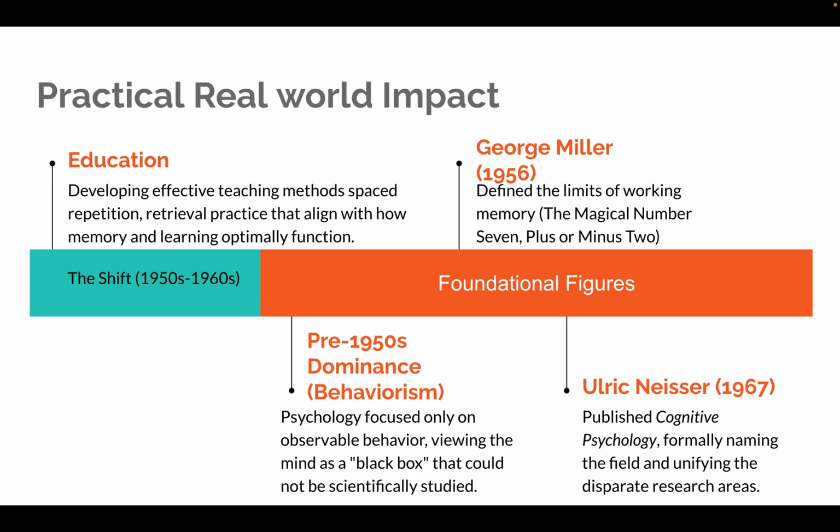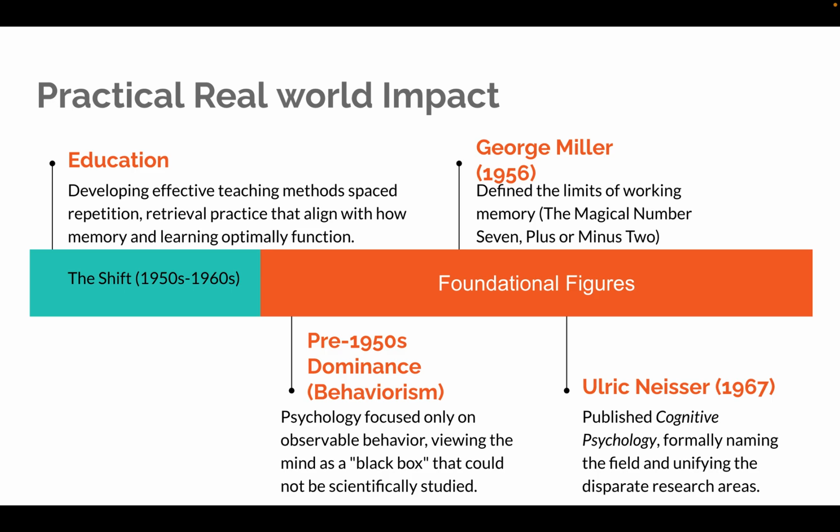Going back to the 1950s dominance, behaviorism. Back then, psychology focused only on the observable behavior, viewing the mind as a black box that could not be scientifically studied. I have a picture in the next slide specifically on behaviorism, how it would compare to cognitive psychology.